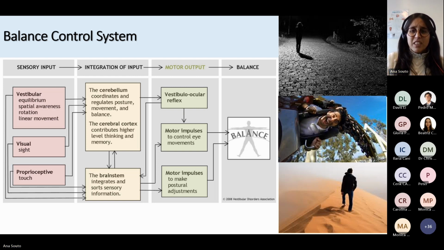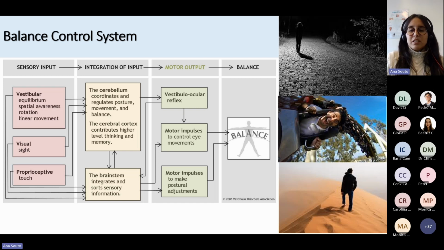So if the conditions change, for example, if we are now in a dark room, what will happen is that the weight on the visual system will decrease, and the weight of the vestibular and somatosensory inputs has to increase.